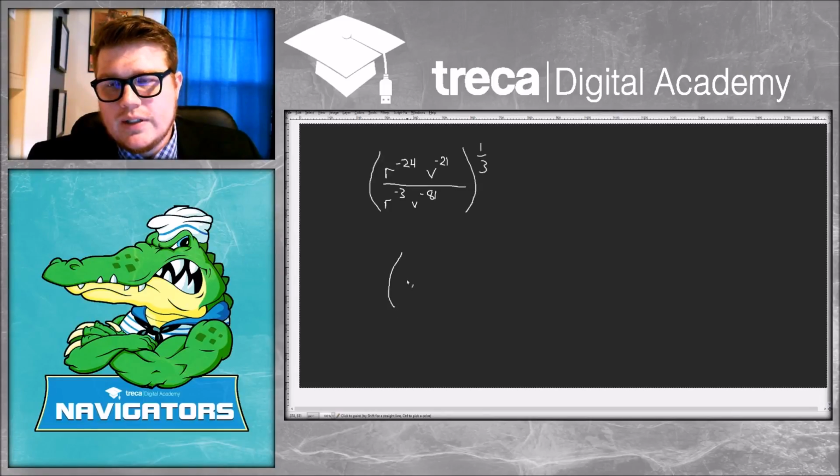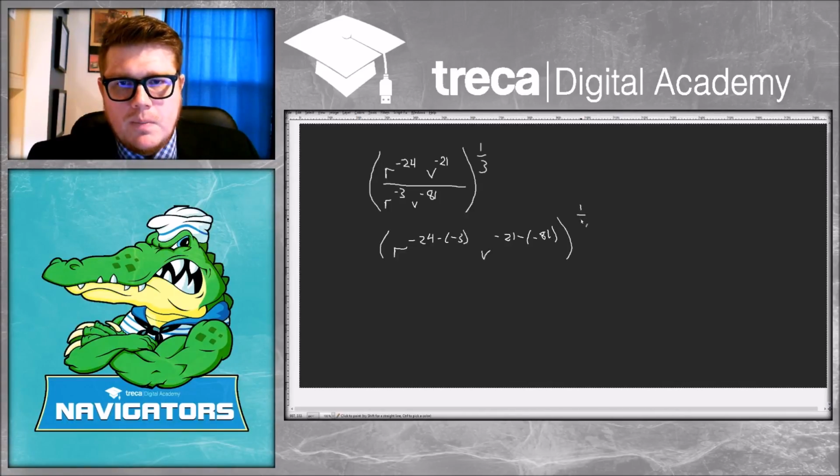So for this, we'd have r to the, I'm going to make this a little smaller so we've got more room this time, negative 24th minus negative 3rd, v to the negative 21st minus negative 81, to the 1/3. So r to the negative 24th minus negative 3 is the same thing as plus 3.